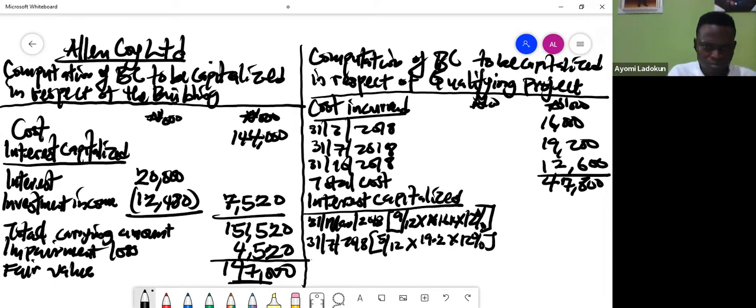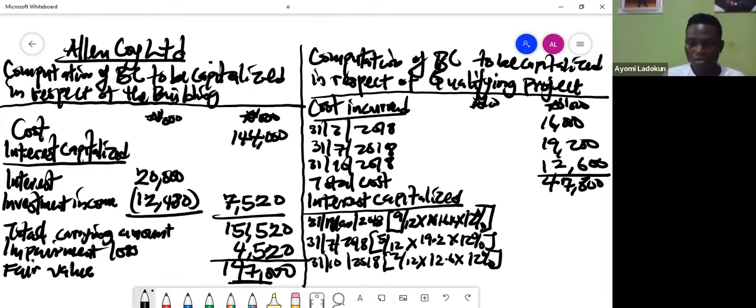And the last one, 31/10/2018, would be November, December, so 2 over 12 multiplied by 12.6, multiplied by 12%. Then you have a figure. Let me quickly punch my calculator: 9 divided by 12 multiplied by 16 multiplied by 12%. What is that giving me?